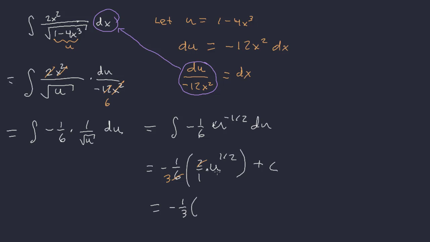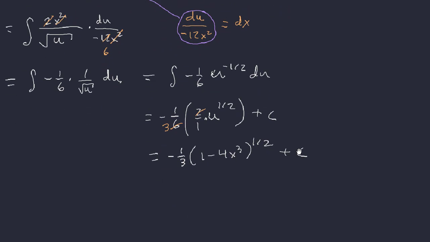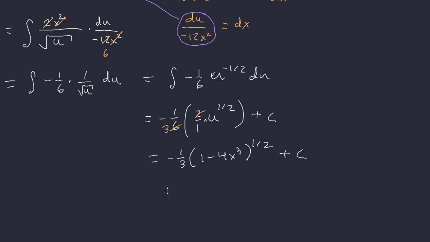And I'm going to go ahead and put the u's back in: 1 minus 4x cubed all to the 1/2 plus c. And if we really wanted to, we could rewrite this as negative 1/3 times the square root of 1 minus 4x cubed plus c. Okay, either of these is fine.